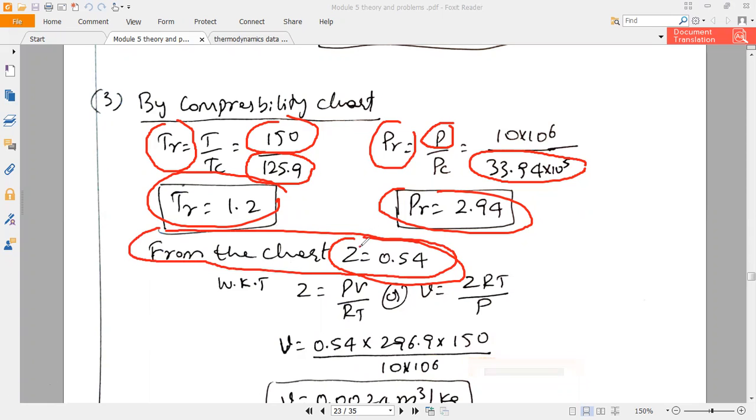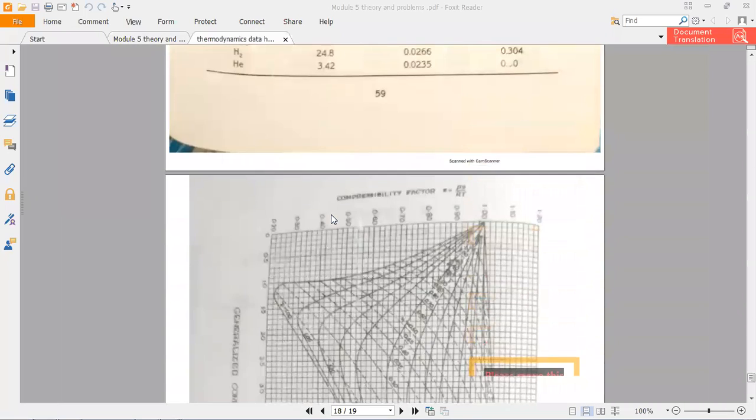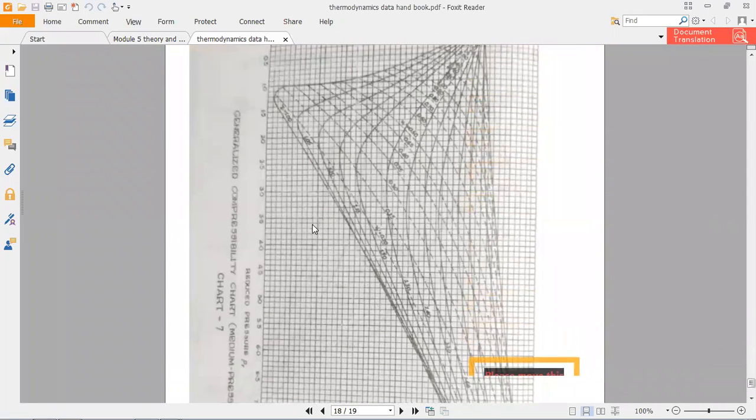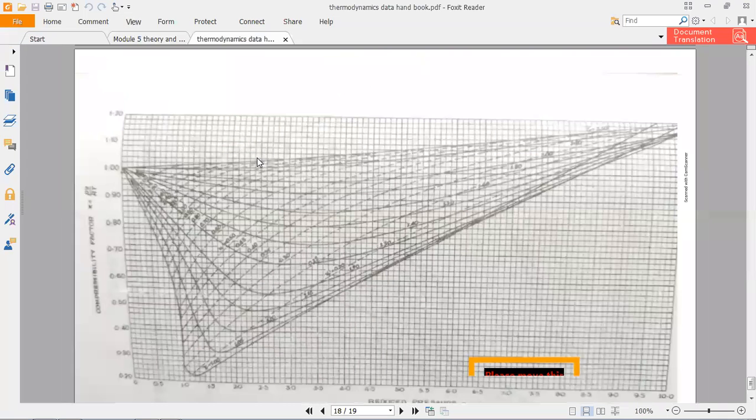I will explain how to find the Z value from the graph. For that you should go to chart number 7. This is very simple.